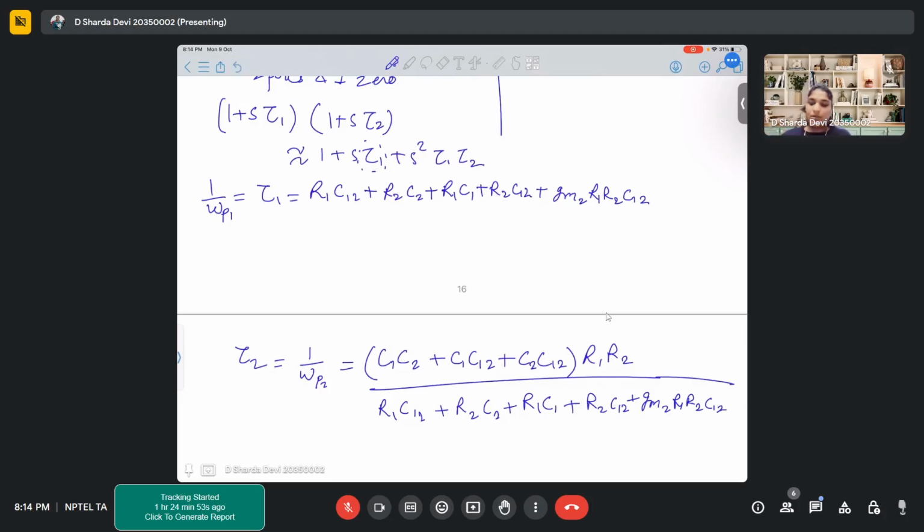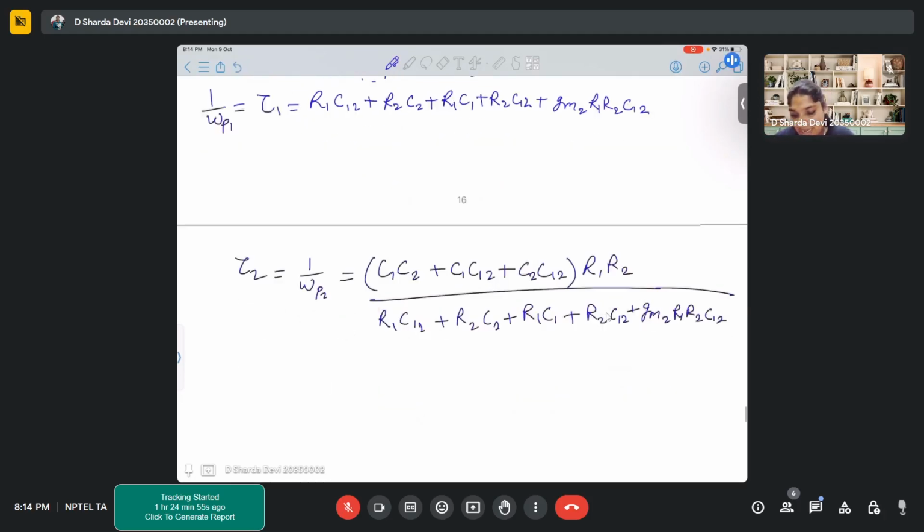Now you have your tau 1 and tau 2. Now we take the ratio, which is omega p2 by omega p1.